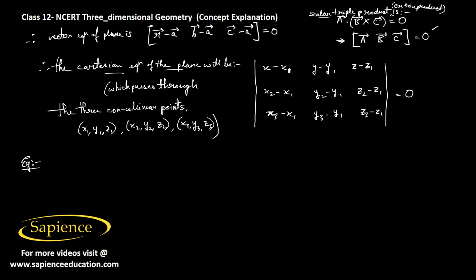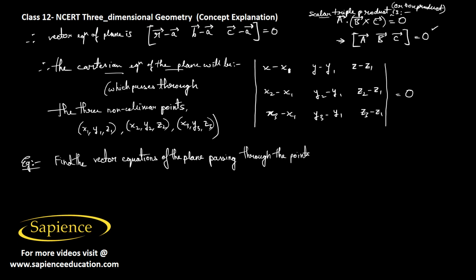Suppose it is asked to find the vector equation of the plane passing through the points R, which is (2, 5, -3), and S, which is (-2, -3, 5), and T, which is (5, 3, -3).